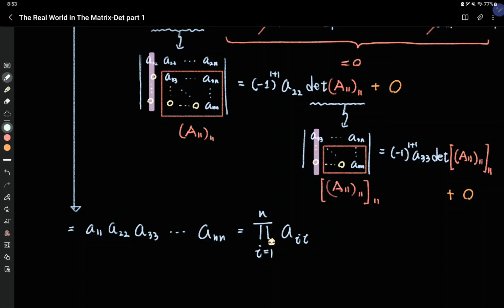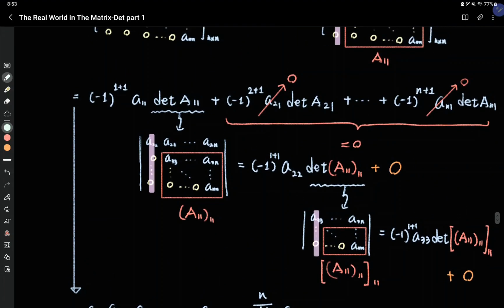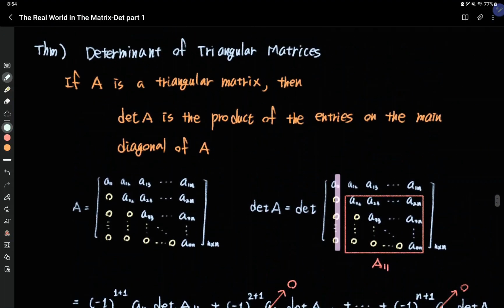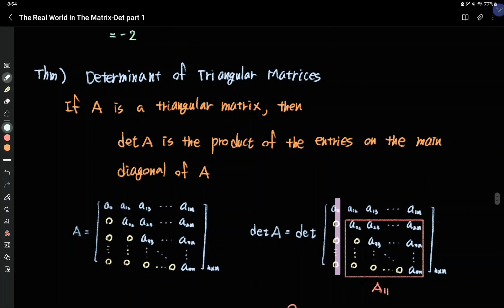The capital letter pi represents product. Sigma represents summation, but this is a product. We multiply a sub i while i goes from 1 through n. That's why the determinant of a triangular matrix is the product of the diagonal entries. Okay, so that's for today.